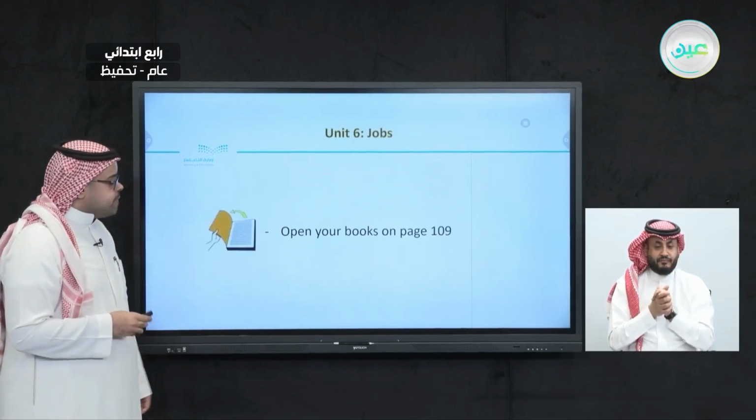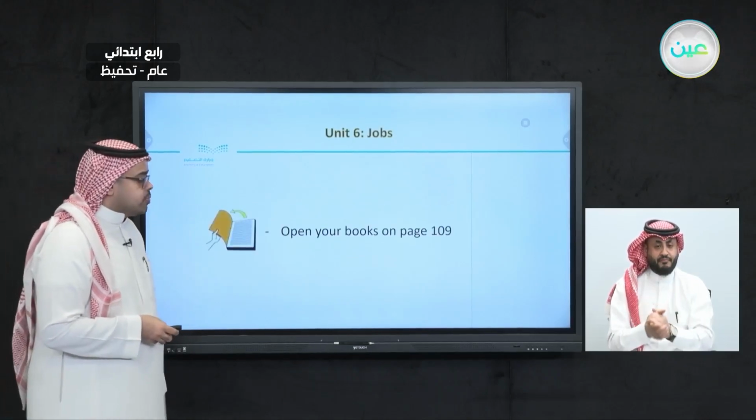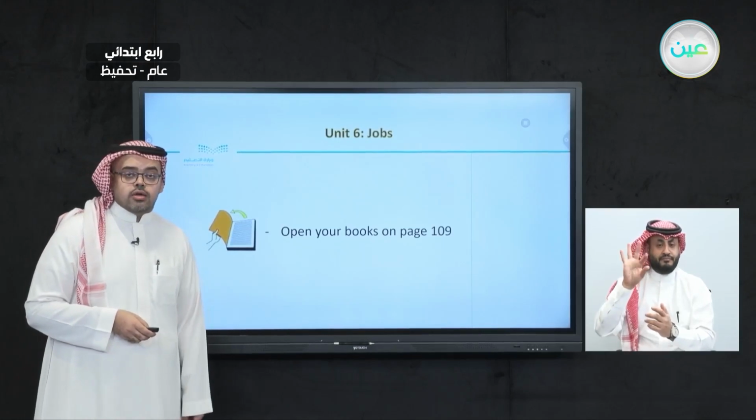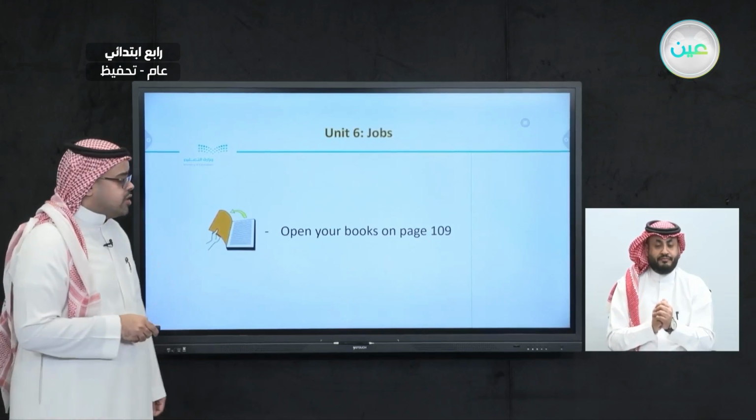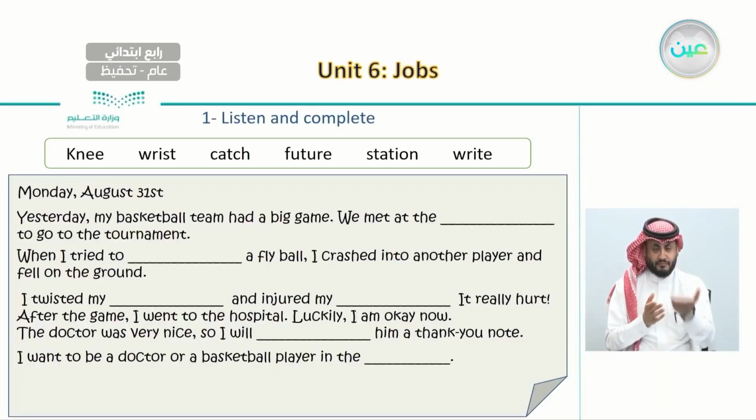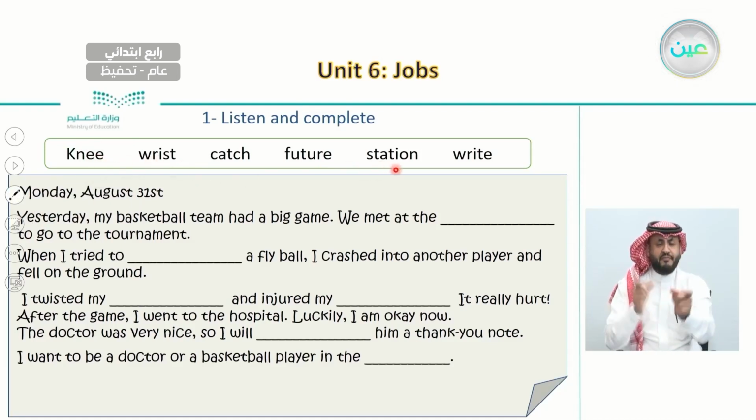So I would like you to begin, please, to open your books on page 109. Now, on page 109, you will see a picture similar to this, where you can read a letter but with missing words. So what we need to do is to read these words, and after this we're going to listen to this text or this letter twice.